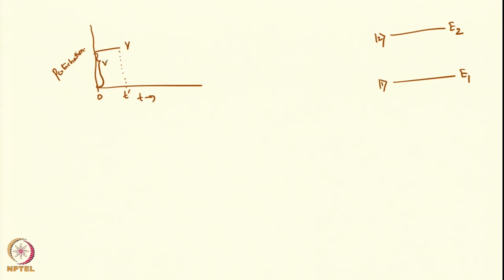Now, in such a way that 1 h prime of t 2 becomes h bar v and 2 h prime of t 1 becomes h bar v star.